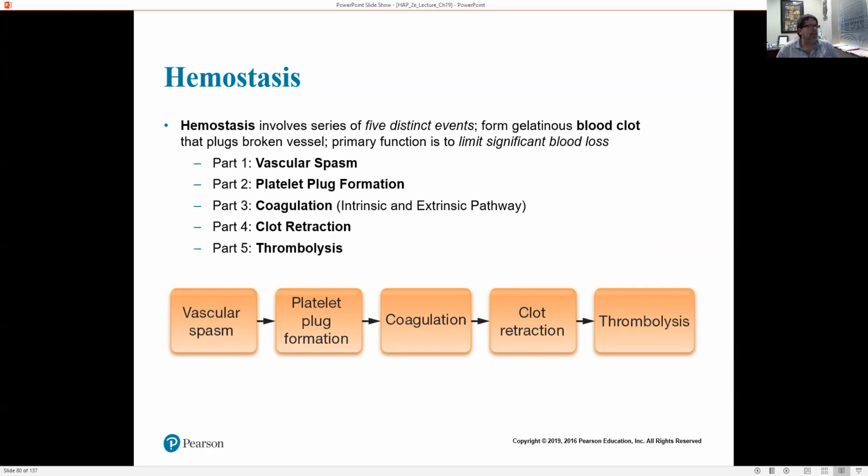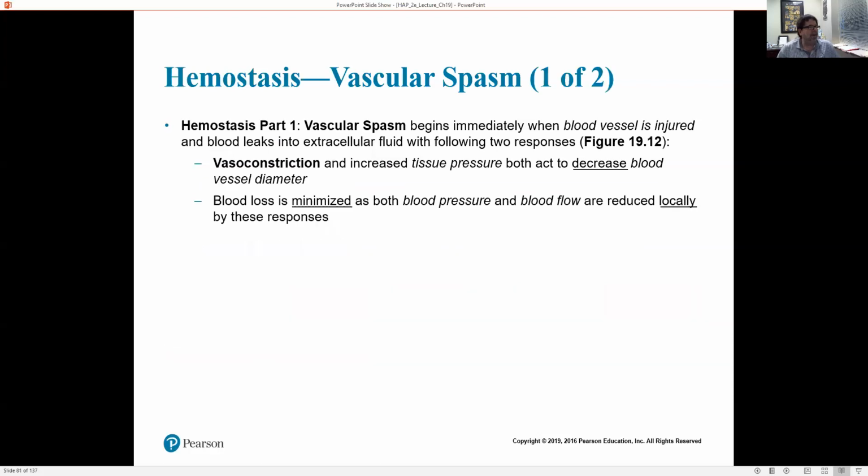Anyway, there are 5 distinct events involved in forming the gelatinous blood clot that plugs broken vessels and limits blood loss, okay? The first step's real easy. We have vascular spasms, which we get immediately after the blood vessel is injured. This is vasoconstriction that increases tissue pressure and decreases blood vessel diameter, so blood loss is minimized as both blood pressure and blood flow are reduced by the squeezing.